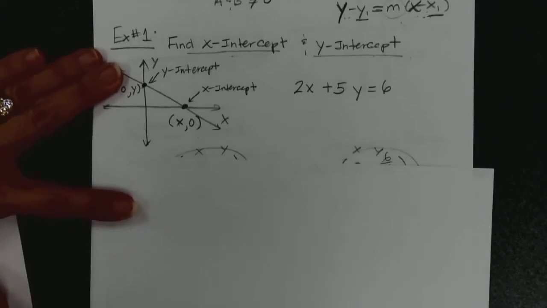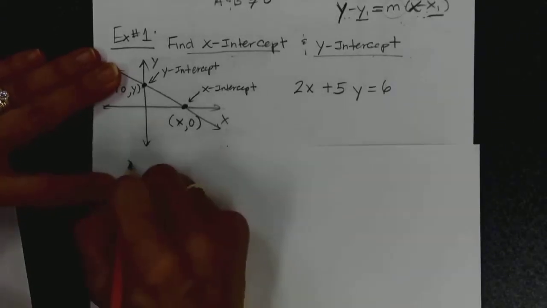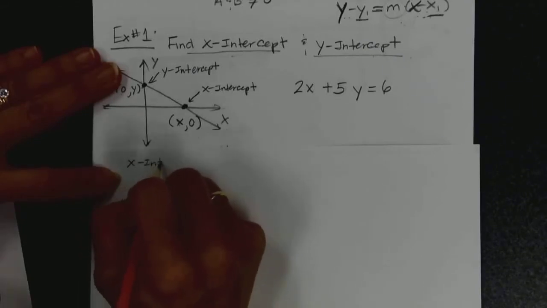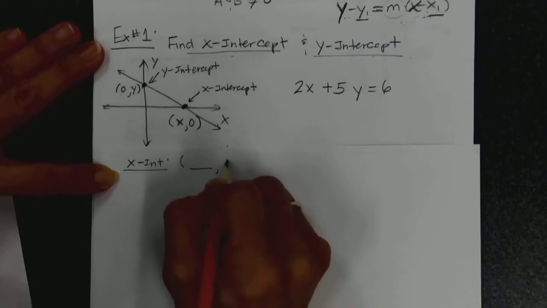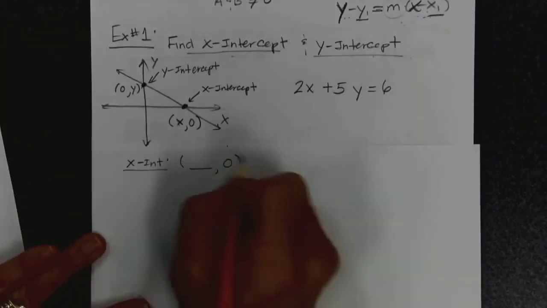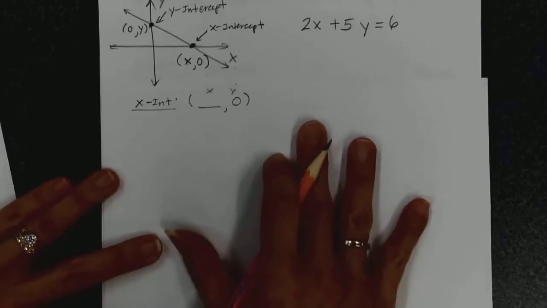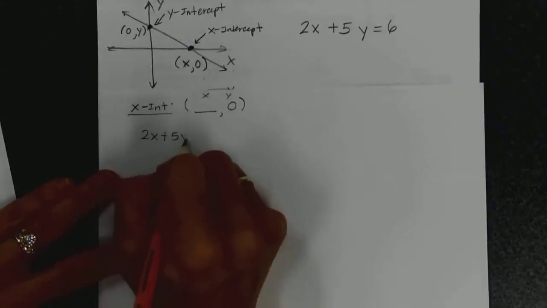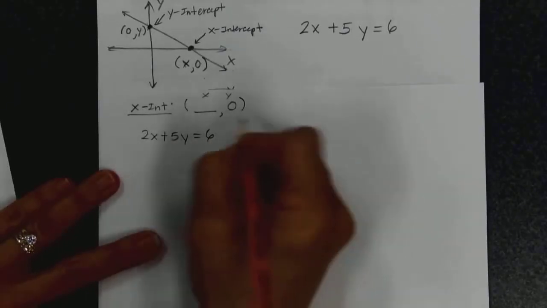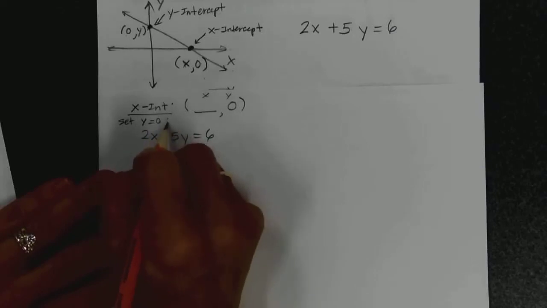Now to find the x-intercept, we're looking for some x where the y-coordinate is 0. So we're going to take the equation 2x plus 5y equals 6, and in place of y, we set y equal to 0.